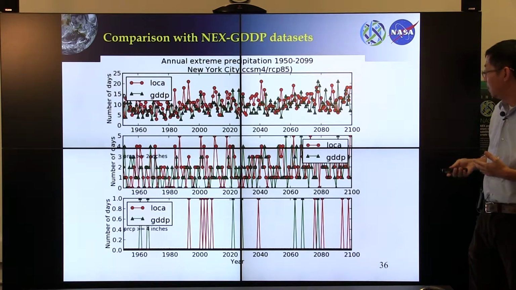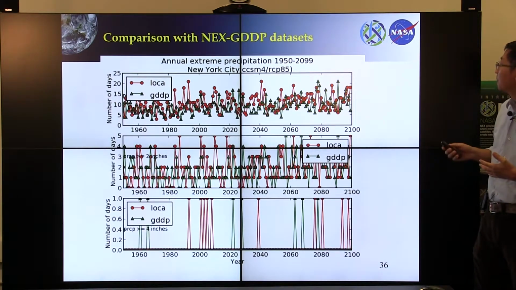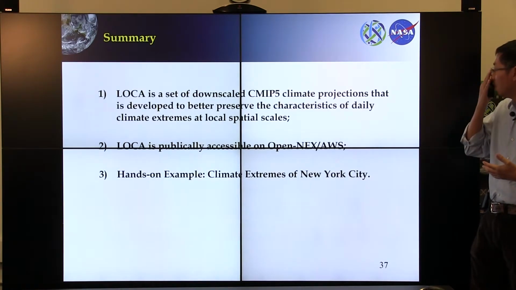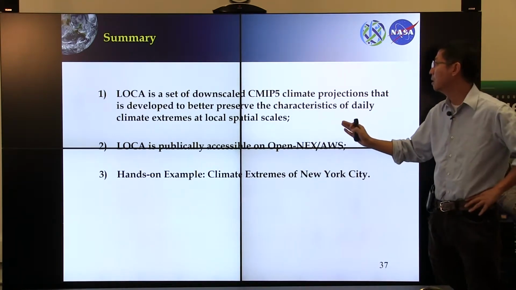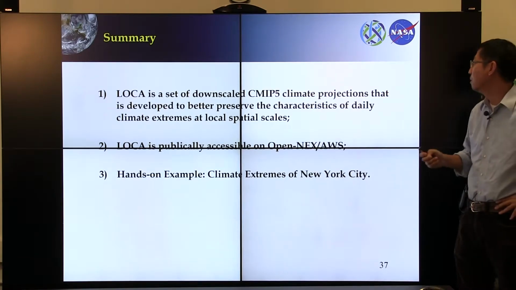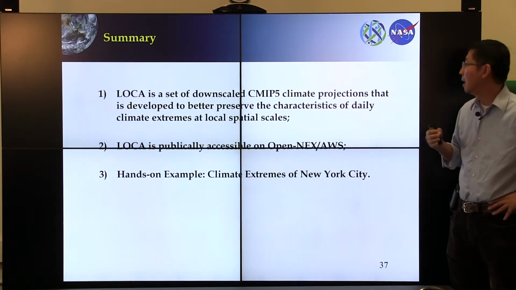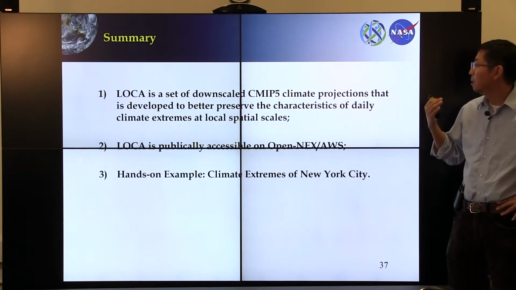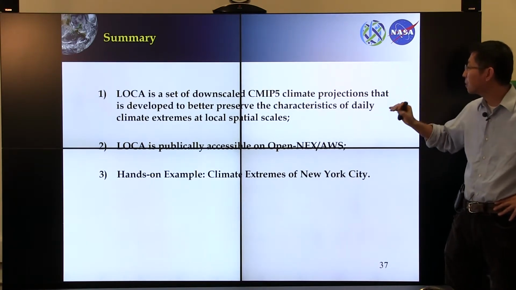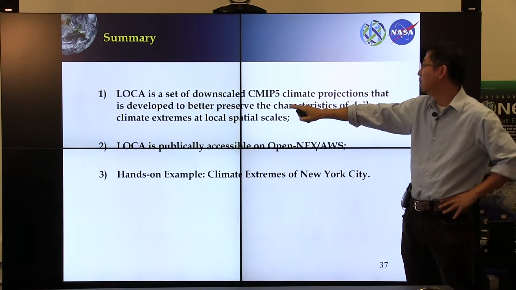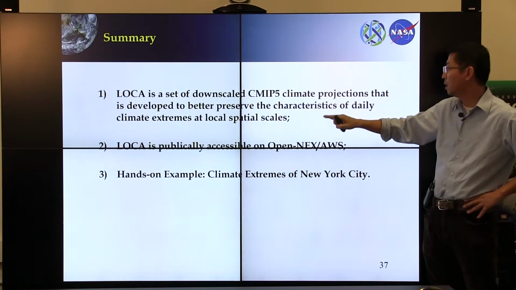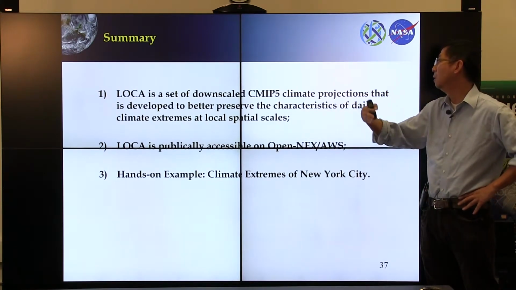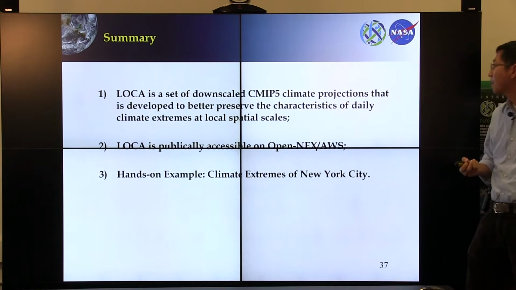So I think that's about this hands-on example. To wrap up, today we learned about the LOCA data sets, which are downscaled climate projections especially developed to preserve the characteristics of daily climate extremes at local spatial scales, right?